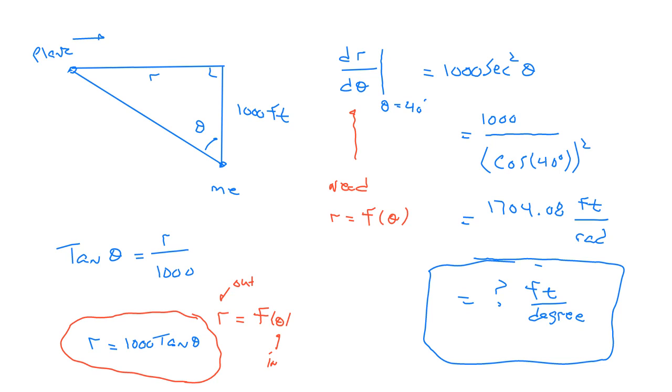But you convert that because 1 radian is 180 over pi degrees. So if you just divide by 180 over pi, that'll convert it to feet per degree. The answer that you'll end up getting is about 29.9.